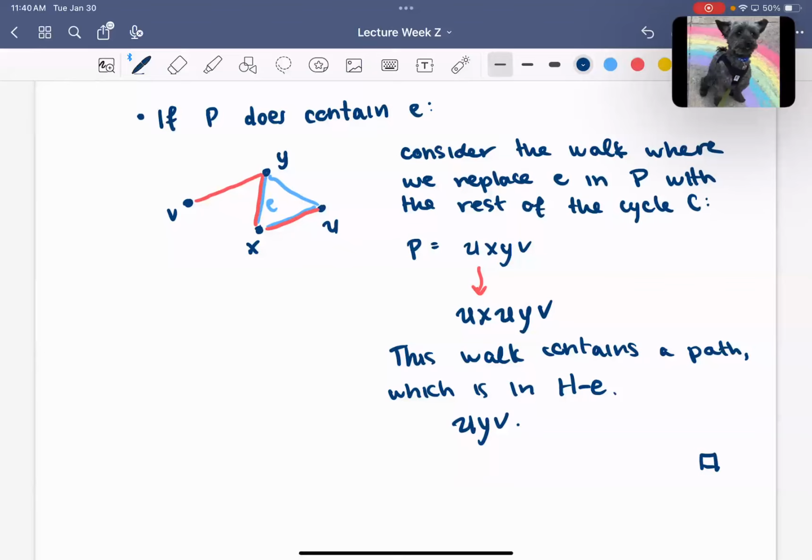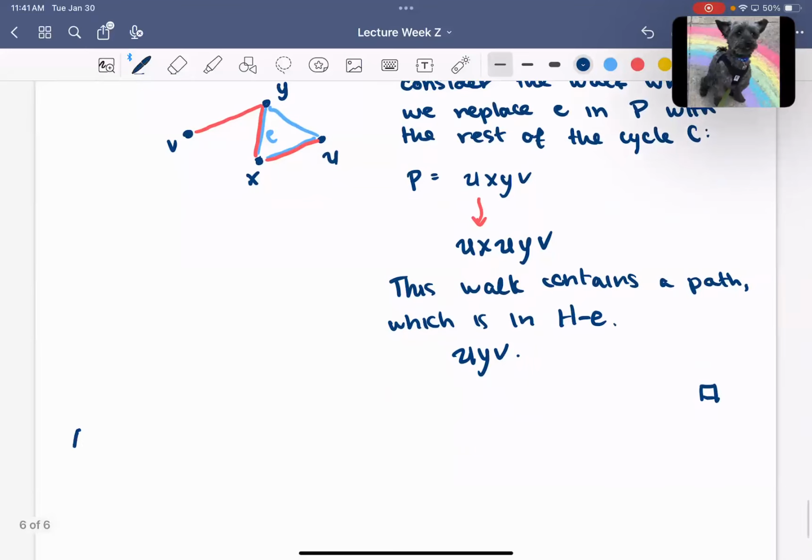Okay, so I'm going to prove one more thing and then we'll stop there. So I'll say a walk is odd or even if its length is odd or even.